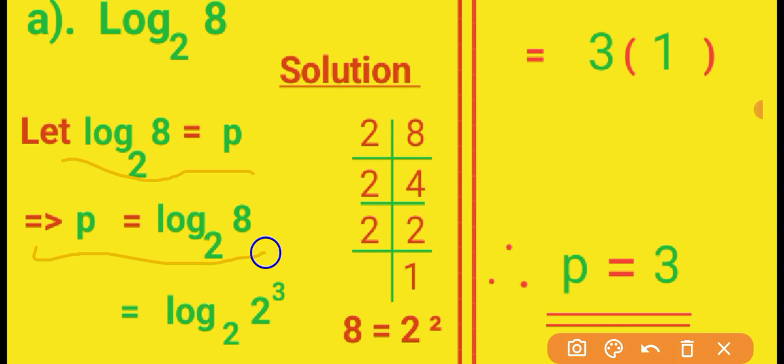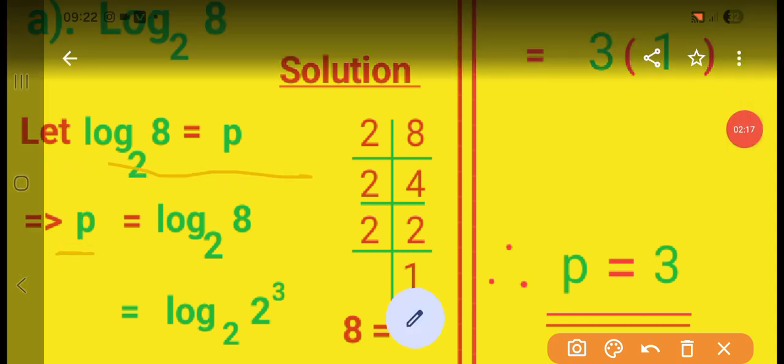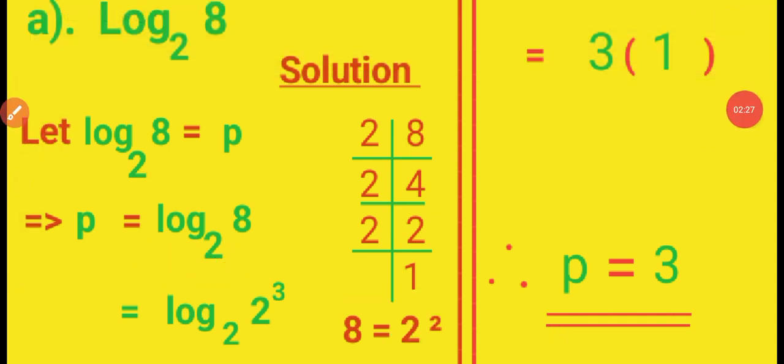So we rearrange. The one on that side, we turn it this way. The one on the other side, we turn it this way. So we have just rearranged this one to give us this one here. It implies that P is equal to log to base 2 of 8.